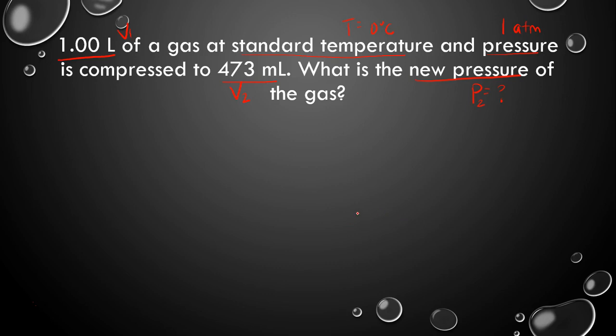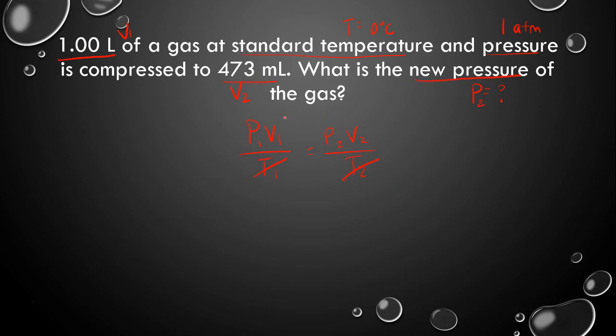Well, they never mentioned temperature again. So one of two things. We can either assume that it stays at this temperature, or we can just say temperature doesn't matter. But either way, temperature doesn't matter because it doesn't change. So we're yet again going to plug stuff into our newly learned formula here. We can take the temperature out, and here you could see a good example of why we're not going to use Celsius, because we would be dividing by 0.